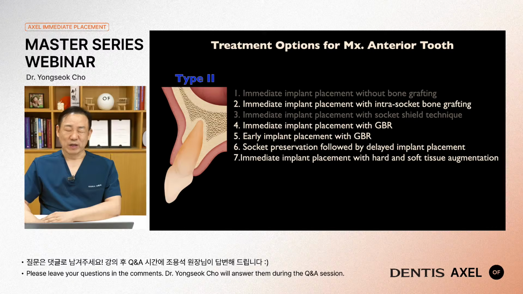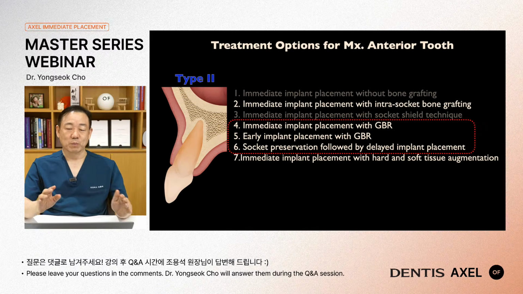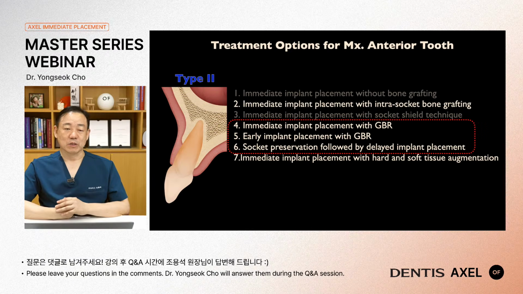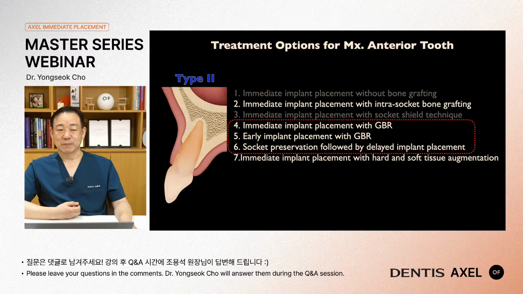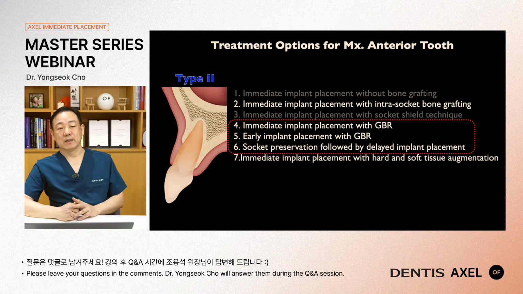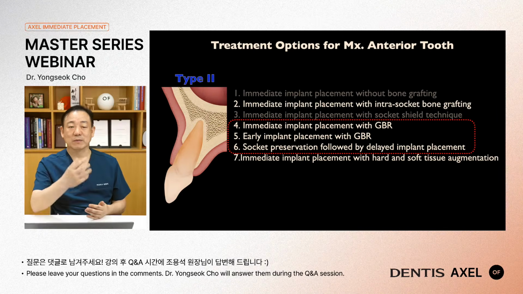Generally, when we open the flap, the surgery will convert to a complex one. So you have to do GBR in a type 2 extraction socket. Okay, maybe the outcome is not bad. However, surgery will become complex.